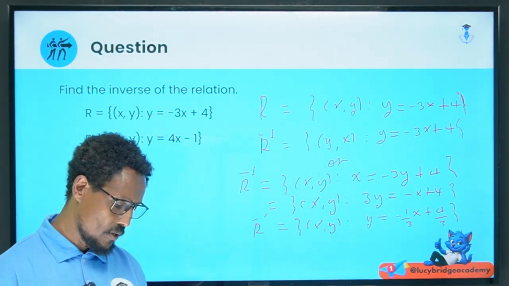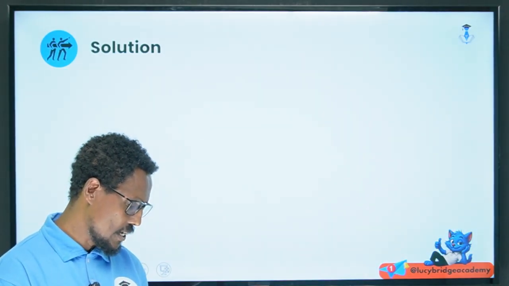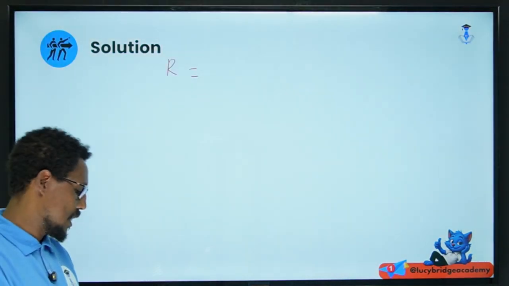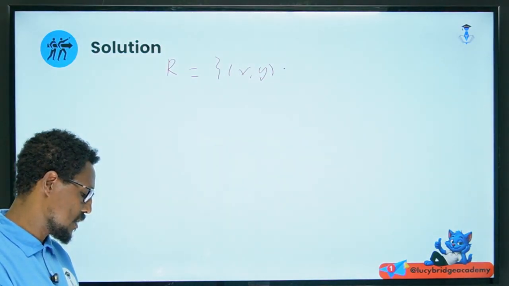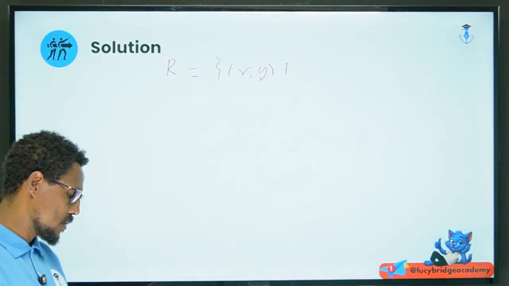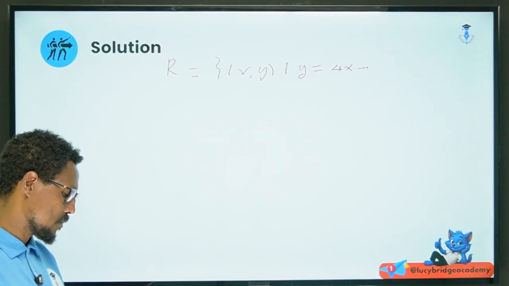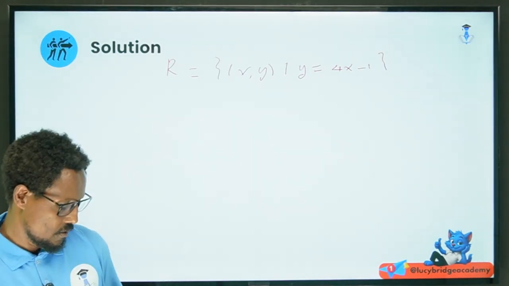This is example 1, and example 2. R is the set of (x, y) such that y is equal to 4x minus 1.